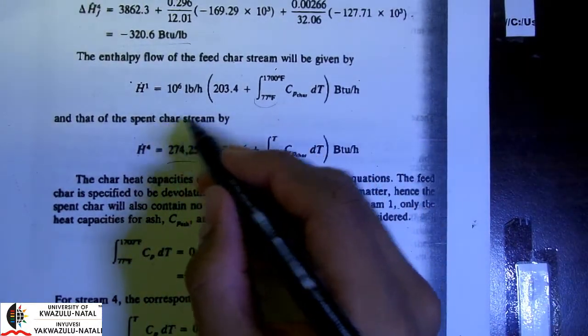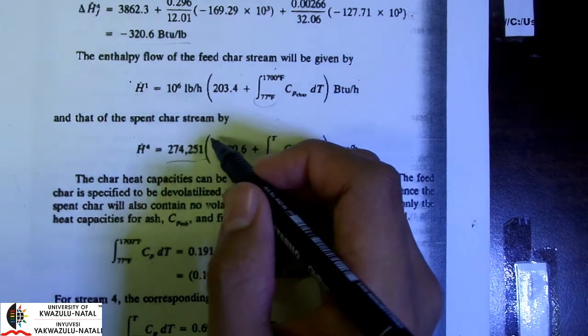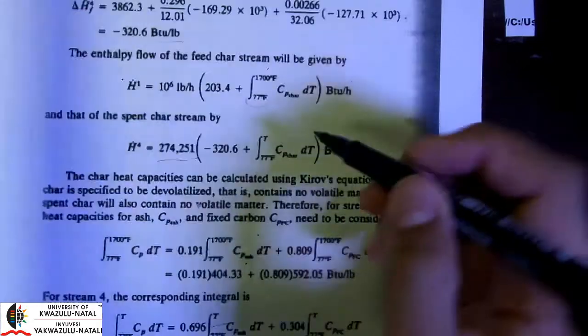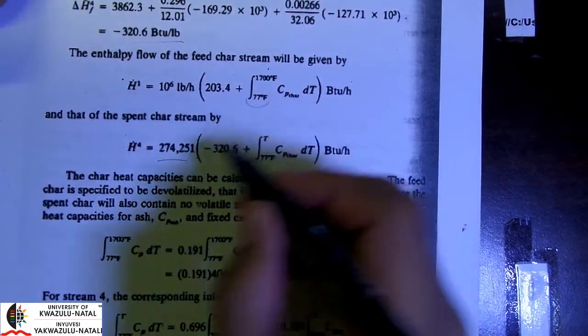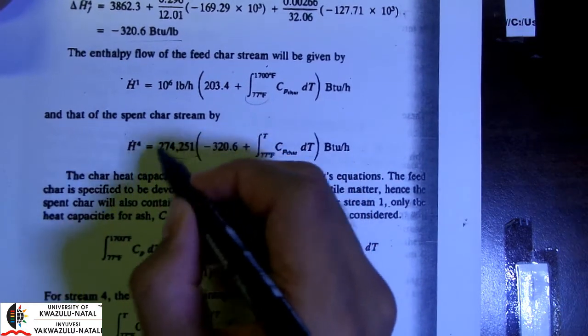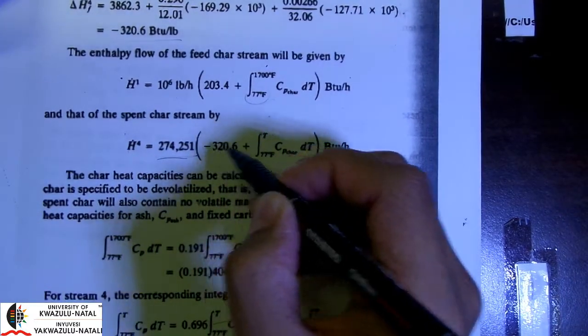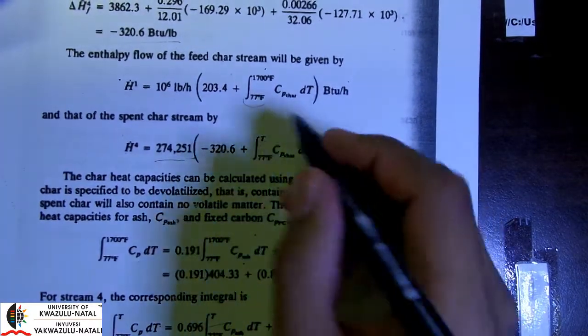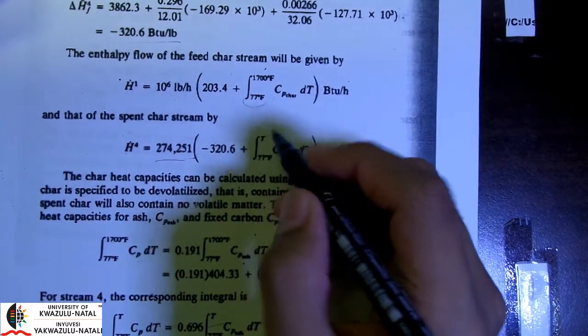Okay, and we can evaluate the same for the spent char. In other words, for stream 4, we can obtain our enthalpy by the following expression. The flow rate of stream 4, the heat of formation, and the Cp, and we currently of course do not know what the temperature is.